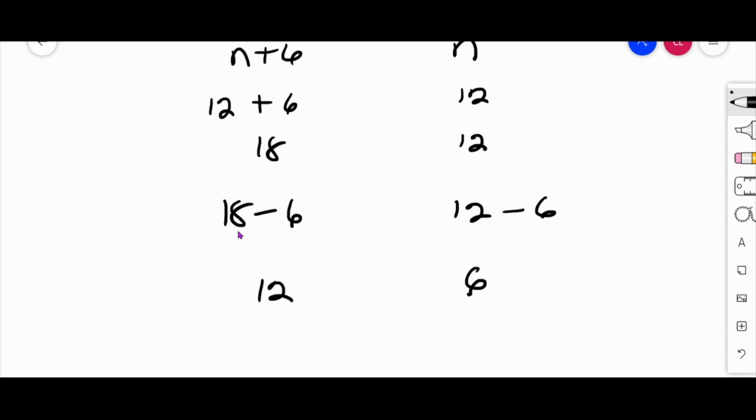And this makes our statement true because in the question it said 6 years ago she was twice as old as John. Now 12 is twice as much as 6, so we know that our answer is correct.